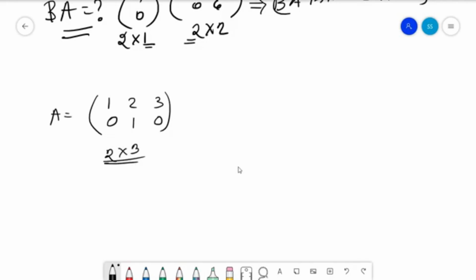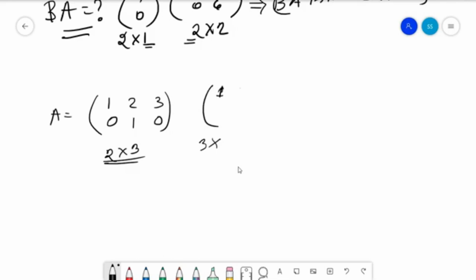In order for the matrix multiplication to be well defined, I need another matrix of the form 3 cross something. That won't matter, but I need to have this 3, that is, it should have 3 rows. So let's take a 3 cross 3 matrix.